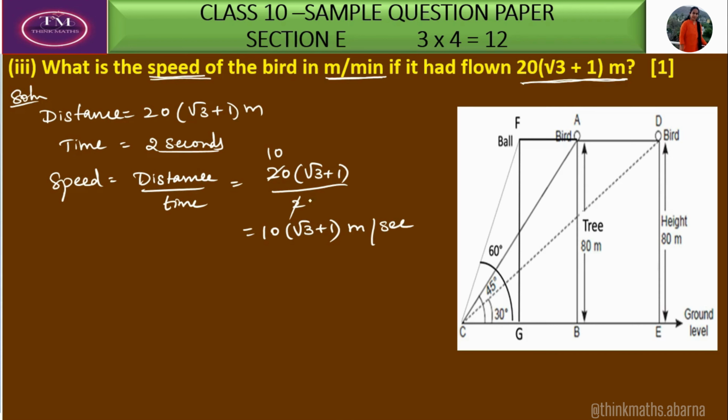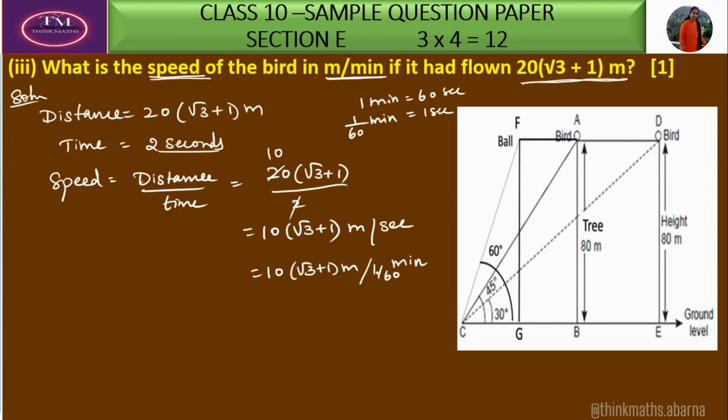Okay, so we have to convert that to meter per minute. 1 minute equal to 60 seconds. So 1 second will be equal to 1 by 60 minutes. So it will be 10 into root 3 plus 1 meter divided by 1 by 60 minutes.